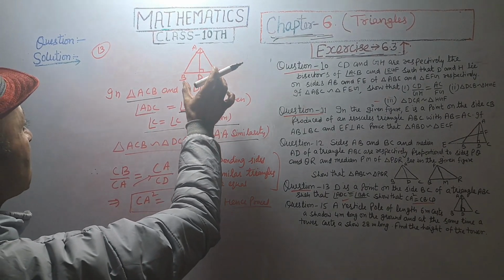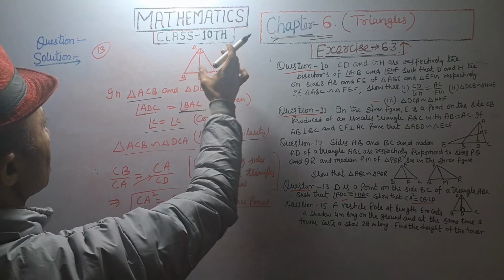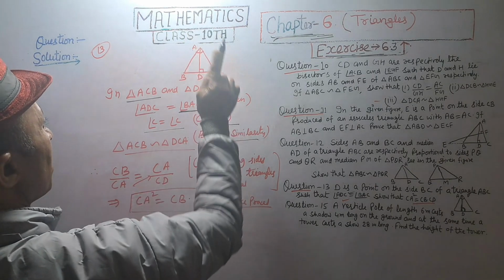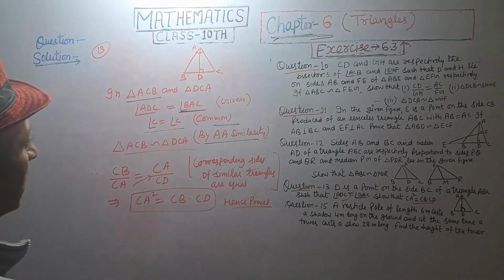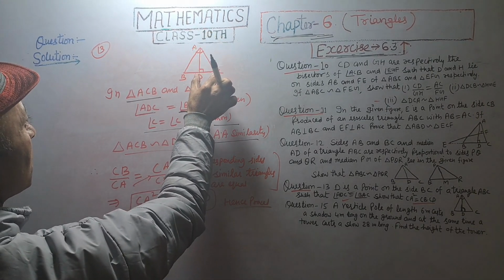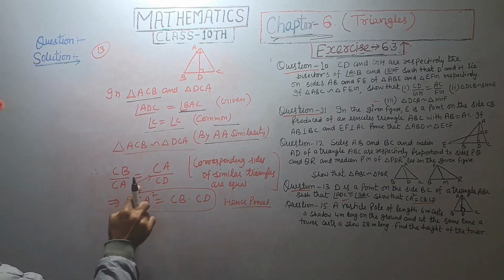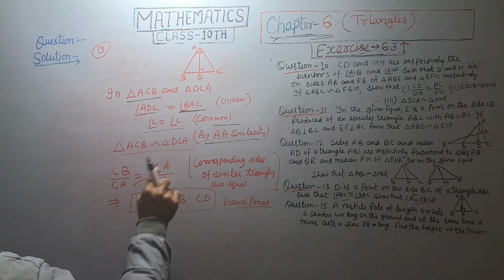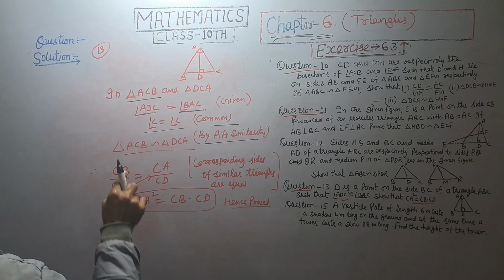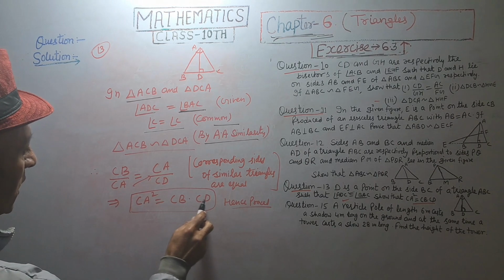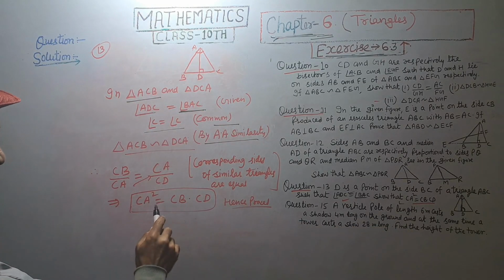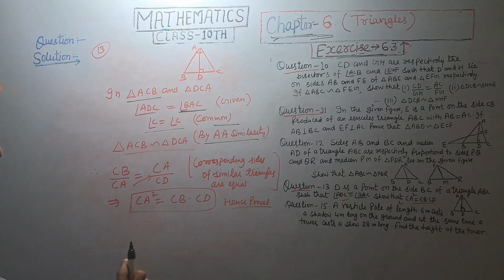So CB upon CA is equal to CA upon CD. CA multiplied by CA, that is CA square, equals CB into CD. Hence proved. CA square equal to CB into CD.